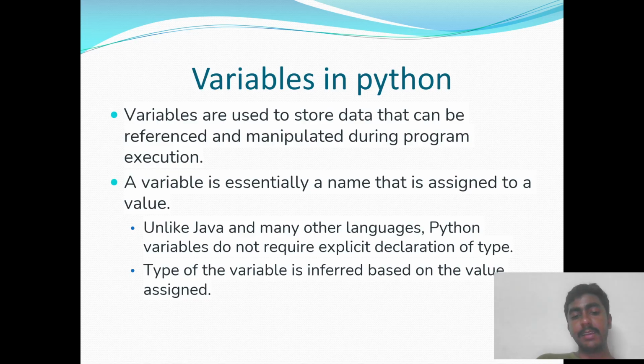For example, age 19: Python automatically understood that age is an integer. In the examples given before, we didn't even declare the variables and their data types. This feature is called dynamic typing. It makes Python much easier to learn than languages where you must declare the data type before creating a variable.